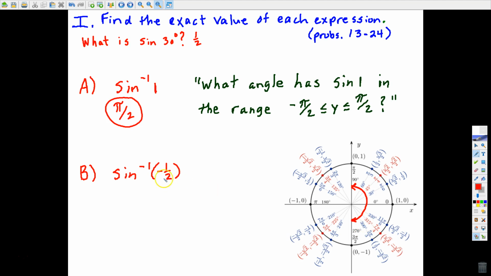So for negative 1/2, which is right here, I'm going to go down, and that's going to be negative pi over 6. Your answer for inverse sine has to be an angle in radians between negative pi over 2 and positive pi over 2, or I like to think of it as the right half of the unit circle.